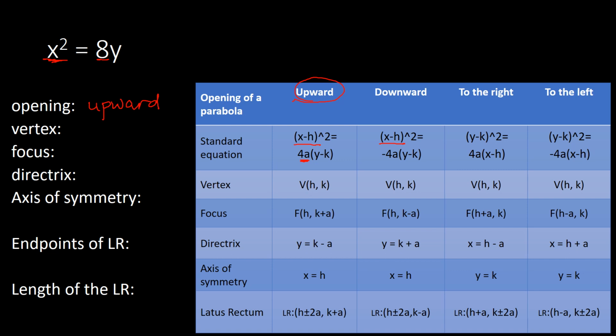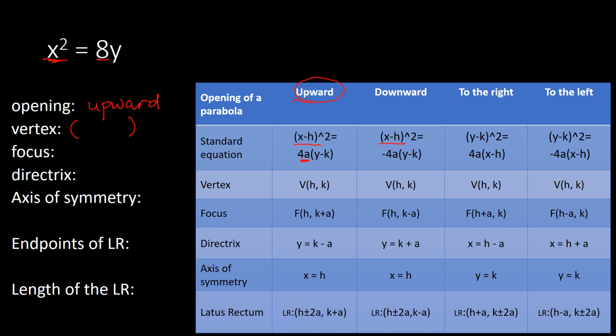So let's now go for the vertex. Now for the vertex, we cannot rely on the formula here as our guide, but we are going to manually identify our vertex by simply looking at our equation. If you've got x in here, you are to check if you have a number added or subtracted to your x.